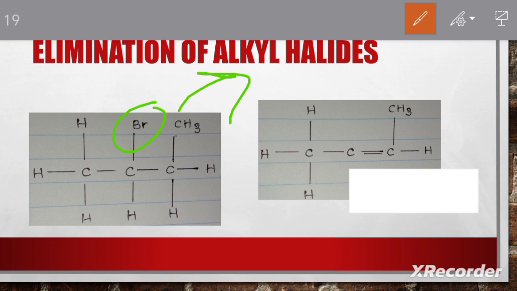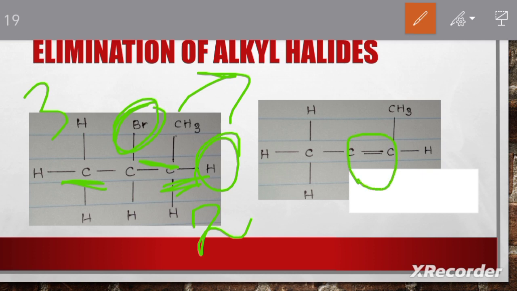According to Saytzeff's rule, we have to remove the hydrogen from the adjacent carbon containing lower number of hydrogen. So here there are 2 adjacent carbons and this carbon has 2 hydrogen, this carbon has 3 hydrogen. We have to remove this bromine with this hydrogen and make the double bond here. So here is a double bond.